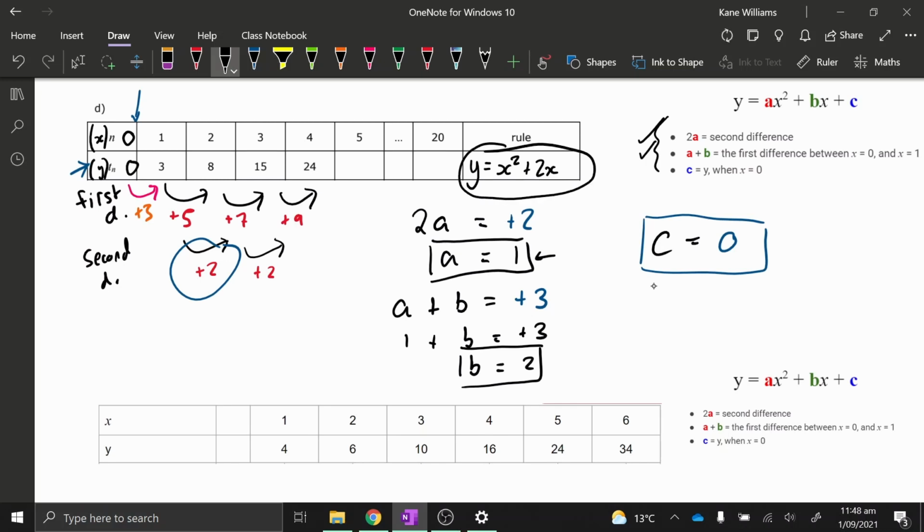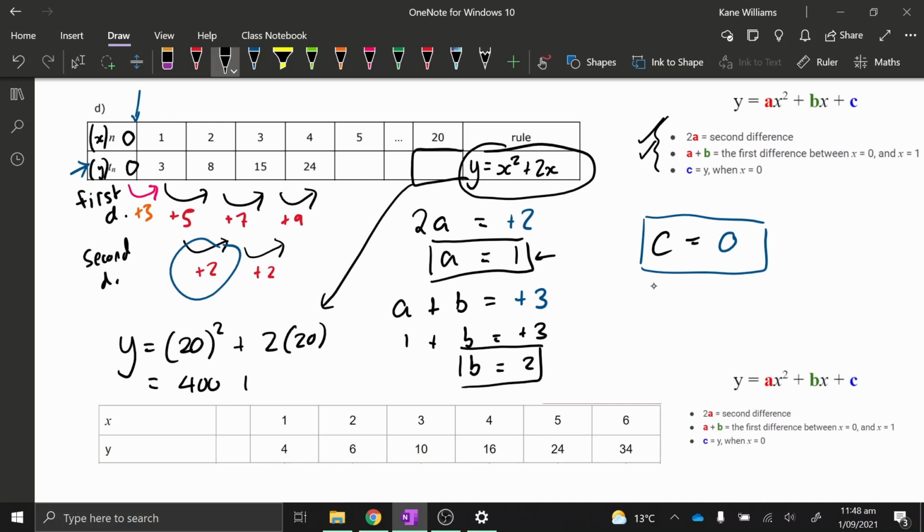We can use that to find what the answer is when we have x being 20. So let's do that working down here. So if x is 20, you can just chuck 20 where x is. So instead of x squared plus 2x, it's 20 squared plus 2 times 20. 20 squared, of course you know that it's 400.